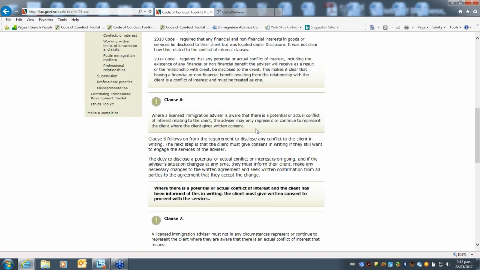So clause 6, where a licensed advisor is aware that there is a potential or actual conflict of interest relating to the client, the advisor may only represent or continue to represent the client where the client gives written consent. So the first step is to disclose it fully in writing. The second step is to get the client's consent to go ahead.